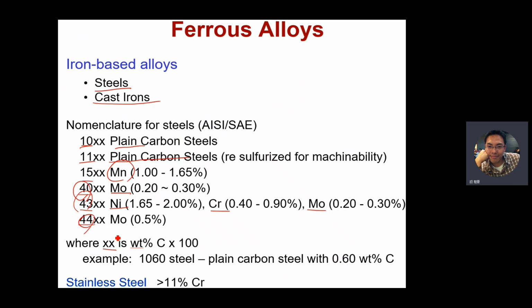For example, 1060 steel is a plain carbon steel with 0.6 weight percent of carbon. Stainless steel usually has a higher chromium content, higher than 11 weight percent.